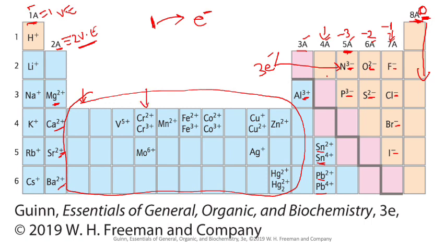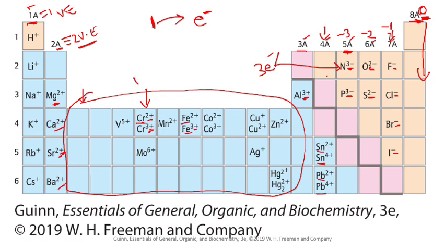It might show different charges sometimes. For example, chromium can form 2 different charges depending on which kind of compound they are making. Chromium can form +2, +3, so they are not fixed. Similarly, iron, Fe, can also show +2, +3, so they are not fixed.